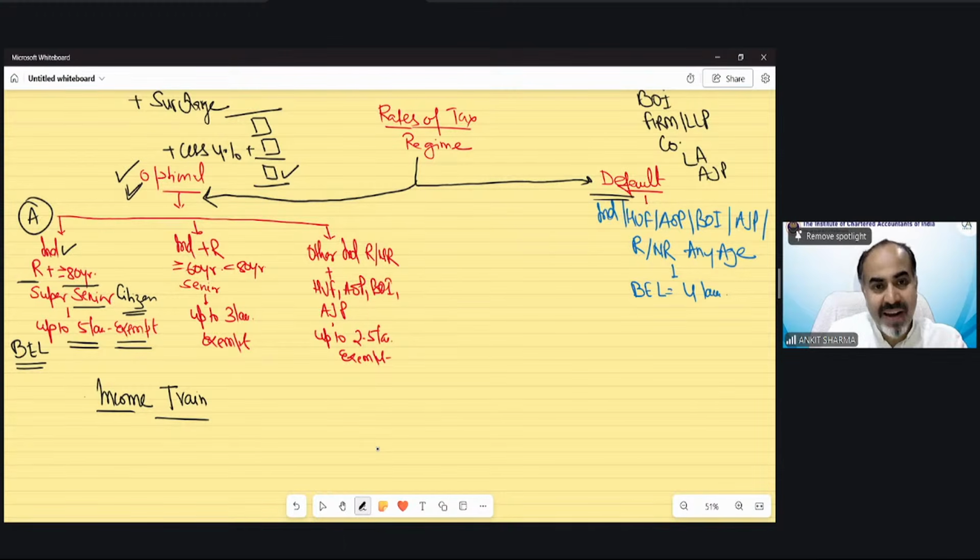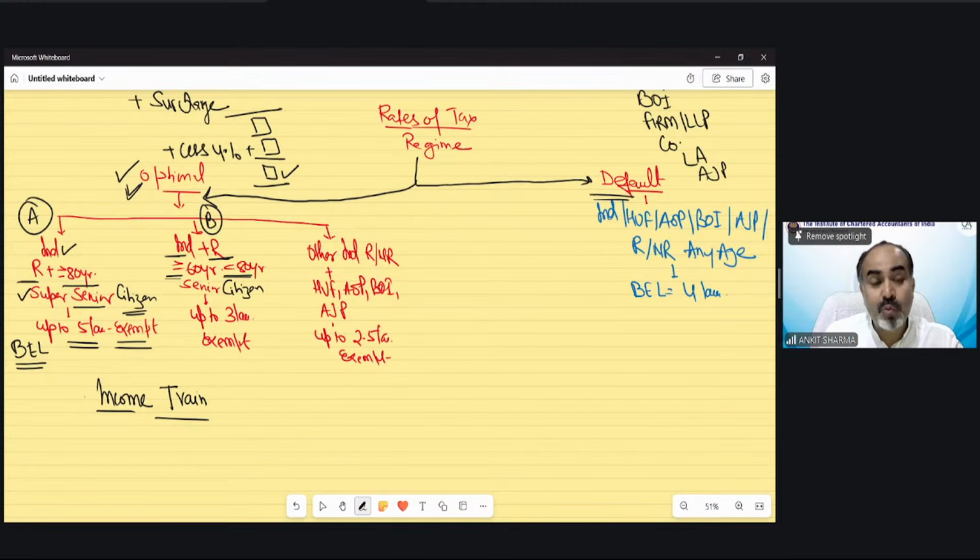The second category: if you are an individual resident, but age is more than or equal to 60 years but less than 80 years, because if it is 80 years, then you would be in the first category. So those individuals who are resident and age is 60 to 80 years are called senior citizens.